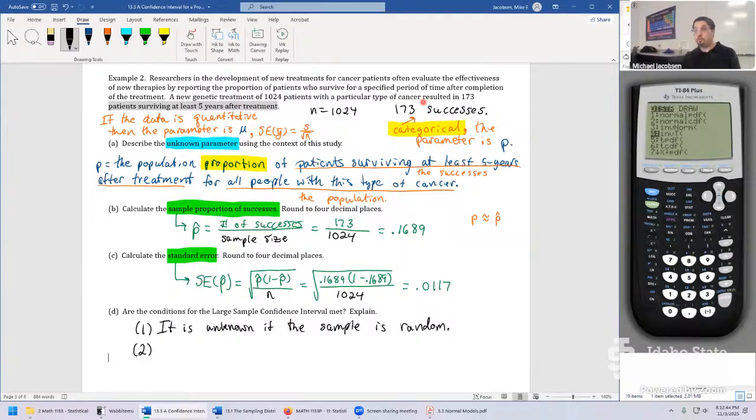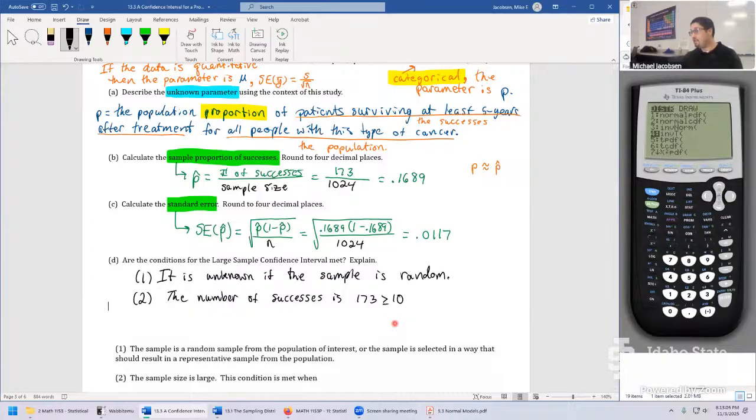So we can do condition two by saying the number of successes is 173, which is definitely greater than or equal to 10. So that was the benchmark we had to meet, larger than or equal to 10.